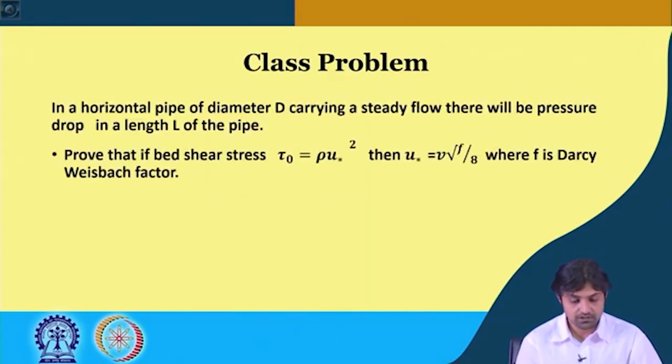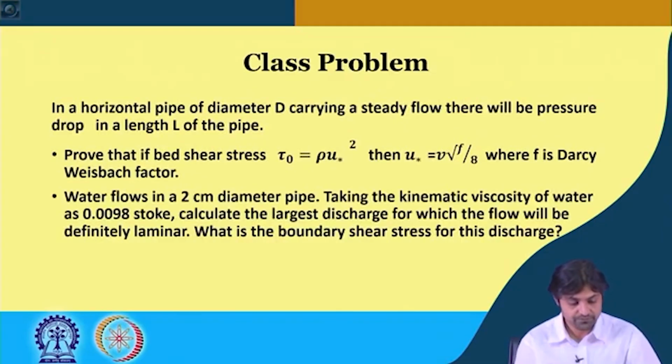Now there is another question. It says that in a horizontal pipe of diameter d, which is carrying a steady flow, there will be a pressure drop in a length L of the pipe. Prove that if bed shear stress tau naught is equal to rho u star square, then u star can be written as V into under root f by 8, where f is Darcy-Weisbach friction. And then a question is given that water flows in a 2 centimeter diameter pipe.